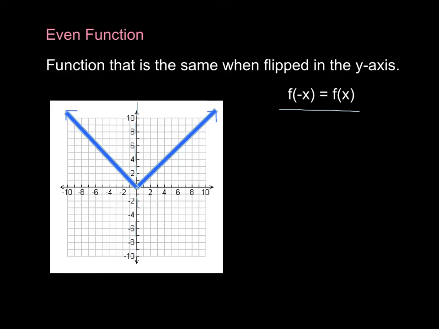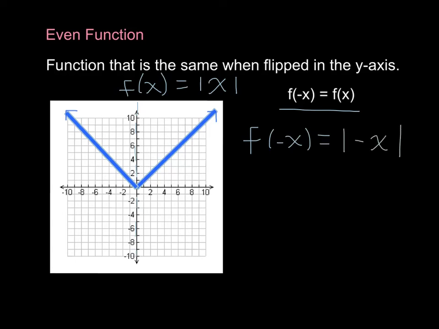You might recognize the function I've chosen for this one: f(x) = |x|. So we need to find out first f(-x). That means I have to plug the negative x on the interior of the function.